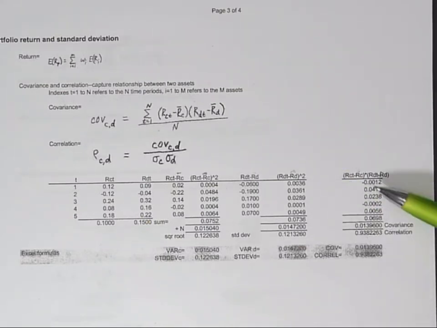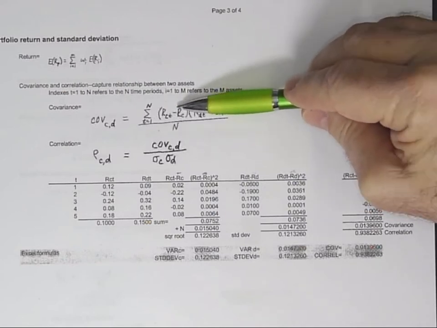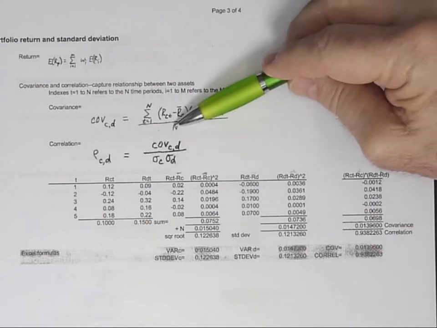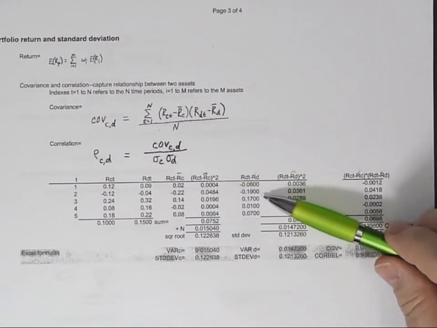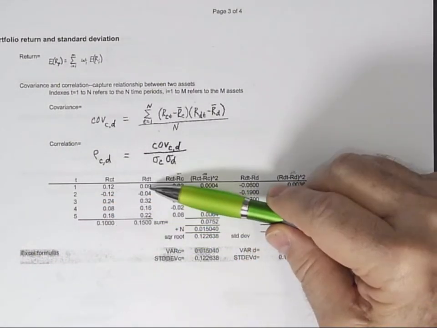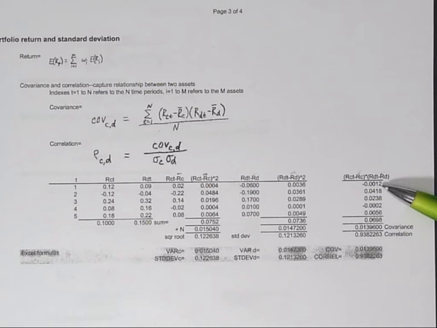Now we're taking all these products, this part of the numerator, all those products, and adding them up. So this line right here shows us the summation part. Then we divide by n, and that gets us to covariance. What we have in this case is, in period 1, C is above its mean and D is below its mean, so their product is a negative number.